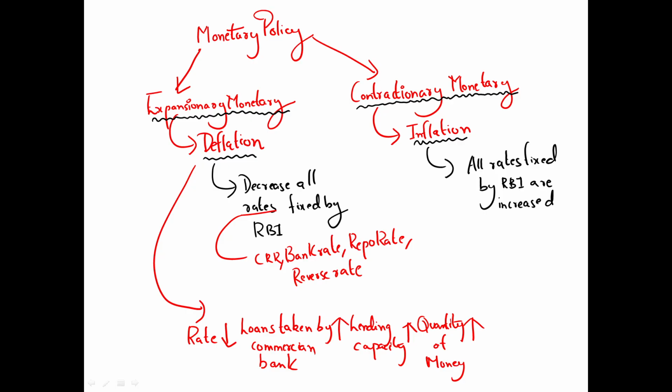When rates are reduced, the loans taken by commercial banks go up, as loans are now cheaper. As a result, the lending capacity of commercial banks goes up, and the quantity of money in circulation in the economy also increases.